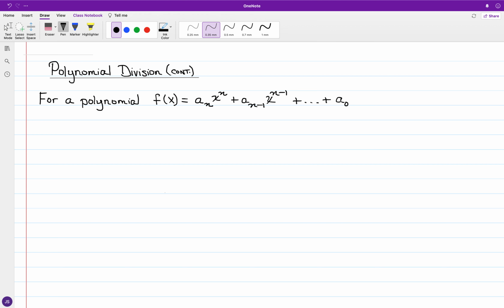You have a naught. Say you have a polynomial of this type to be divided by a binomial expression in the form of x minus c.